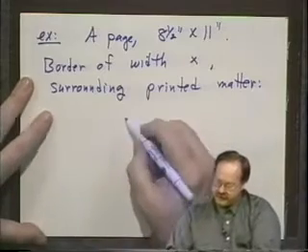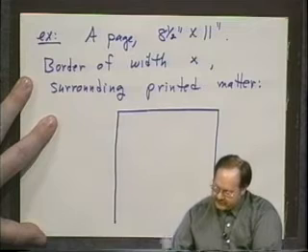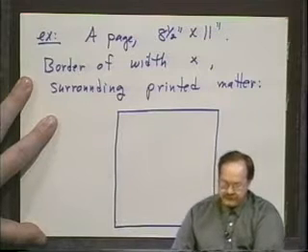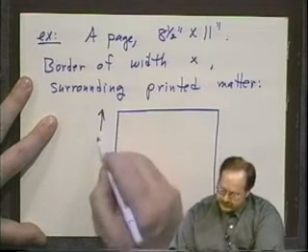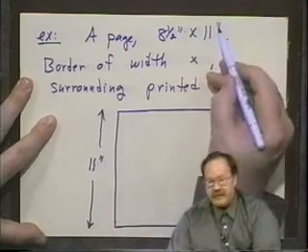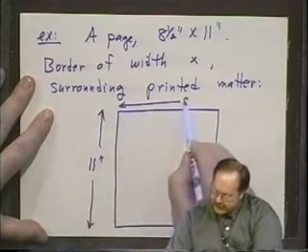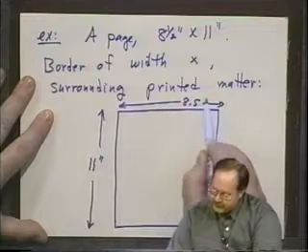So here's the kind of picture you'd have. 8.5 by 11, sort of like that, say. So this would be 11 inches. That's what these double quotes mean, by the way. They mean inches. 11 inches, and across the top, 8.5 inches.